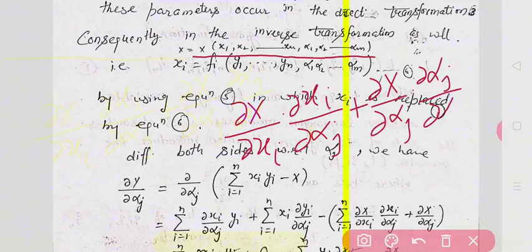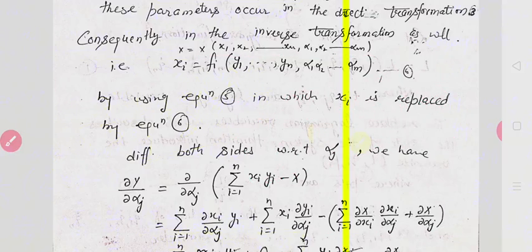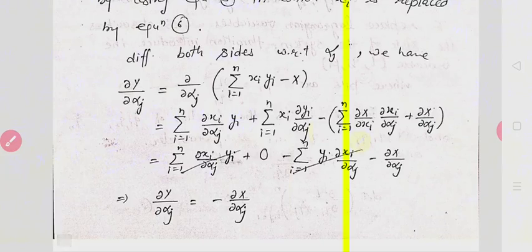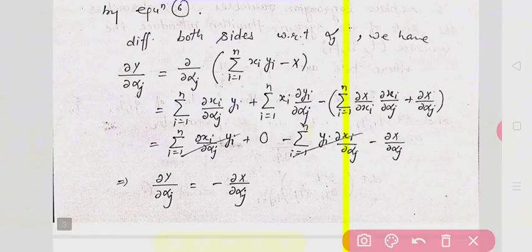That becomes 1, so this term will be left here. I have written this over here, you can check it, and I also give this explanation below on the page.